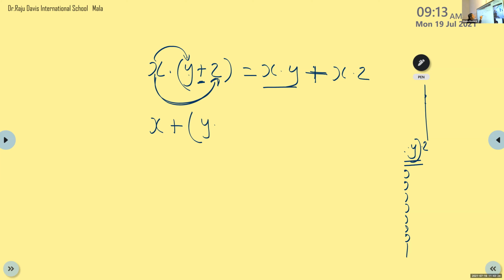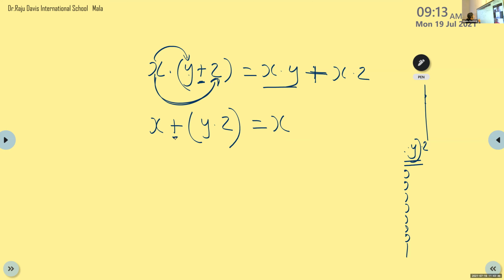Then y dot z, which is equal to, how can we expand this? How can we expand this x plus y dot z? Any idea? X into y plus x into... Here we are using the plus symbol first.